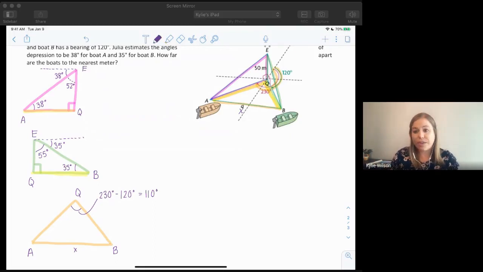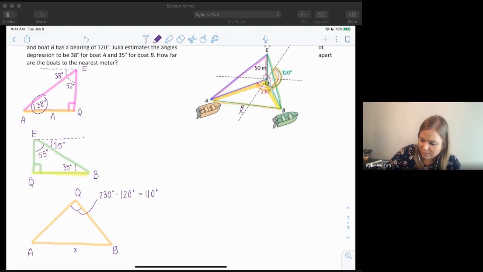So if we look at our pink triangle, we're going to start by circling our angle. I'm going to circle angle A, but if you decide to circle angle E, that absolutely works too, and you'll end up with the same answers. If you want to try it on your own and prove that it works, absolutely go for it. So now we label our triangle.